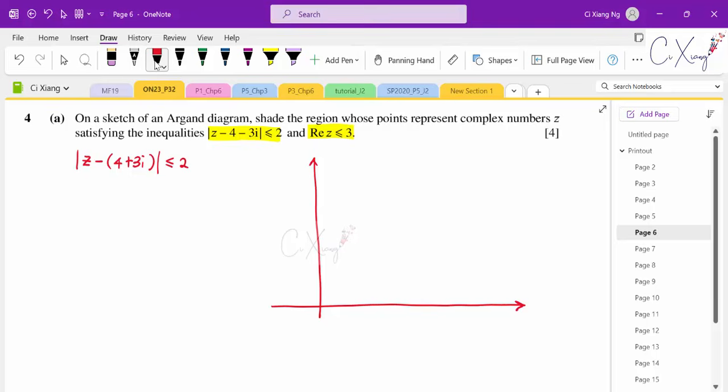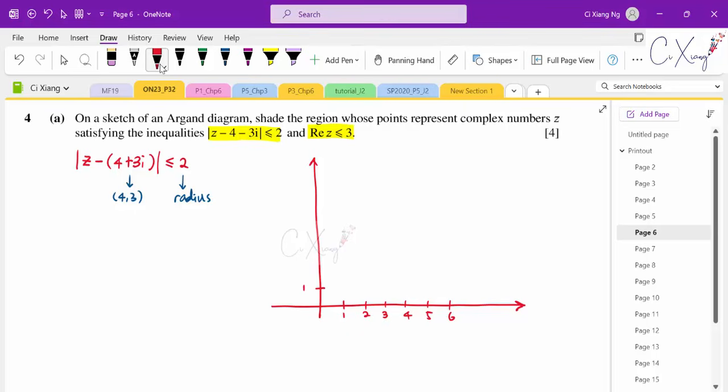Because this is a circle, you should know that the center of the circle is (4, 3), and the 2 here is the radius. Then I need to plot and get the scale for my x-axis and also the y-axis.